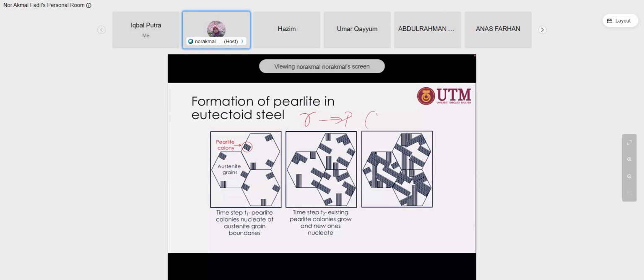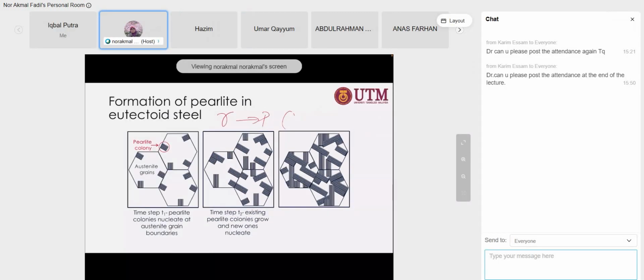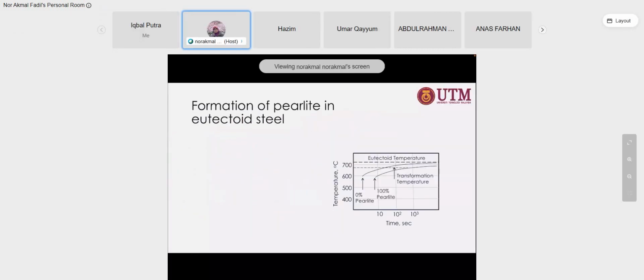What happens during this transformation in the solid state is carbon diffusion. Carbon is very small and lightweight, so it will move easily inside the crystal structure of the iron. It will move and rearrange itself to form pearlite, and the longer the time, the larger the amount of pearlite, and the process continues.